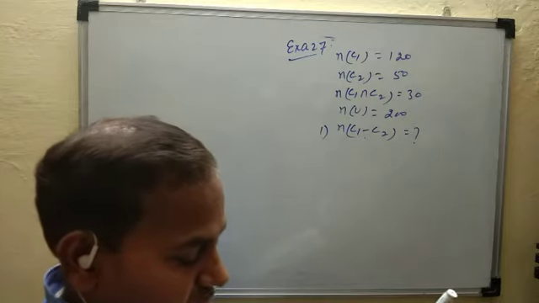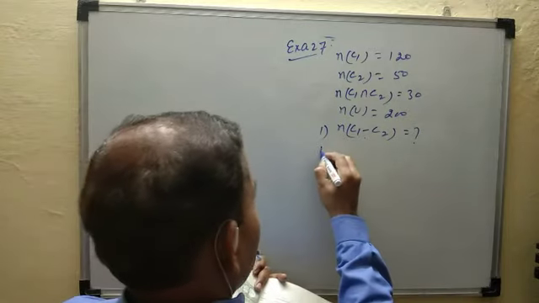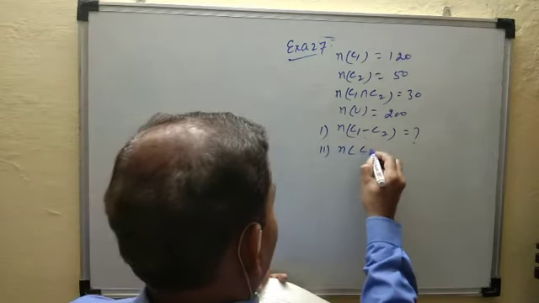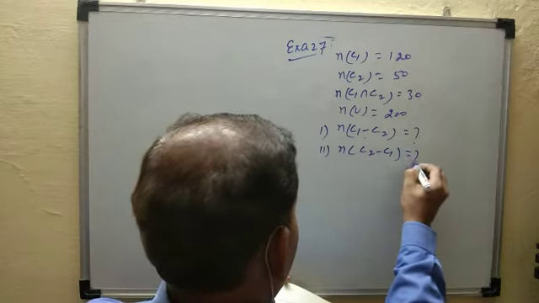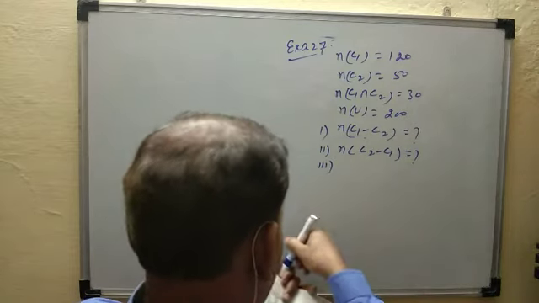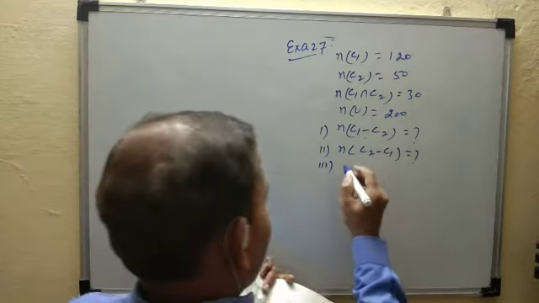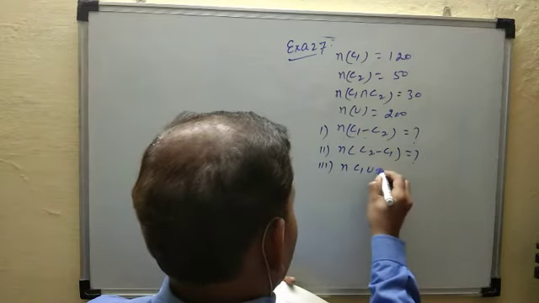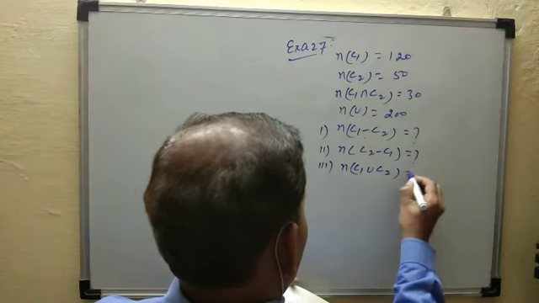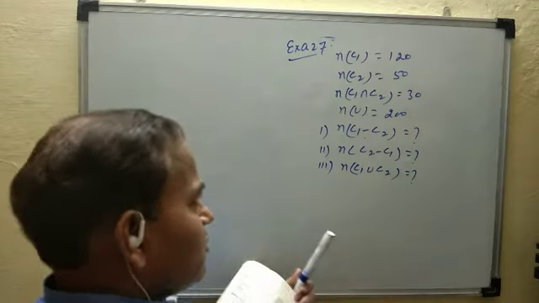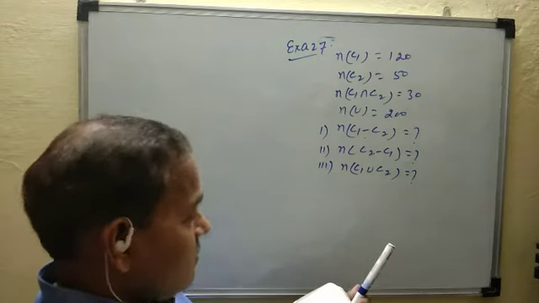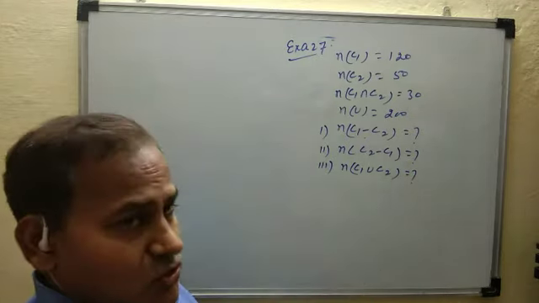Second, chemical C2 but not C1, that is, find the number of C2 minus C1. And third, chemical C1 or chemical C2, that is, the number of C1 union C2. So first find the number of C1 minus C2.